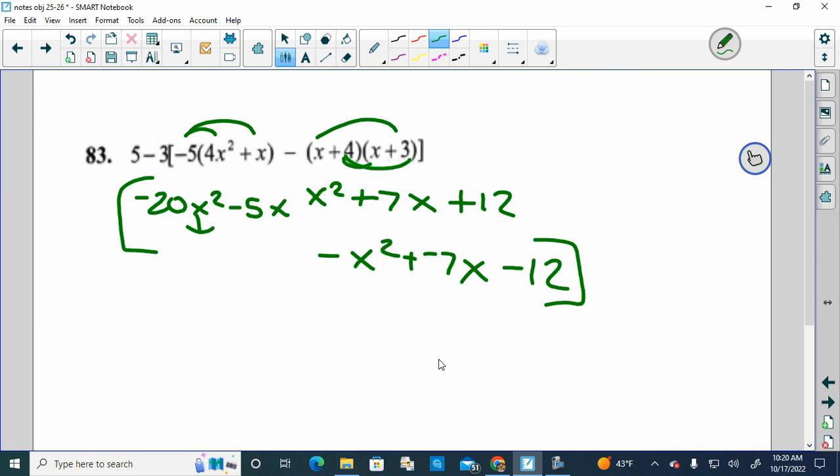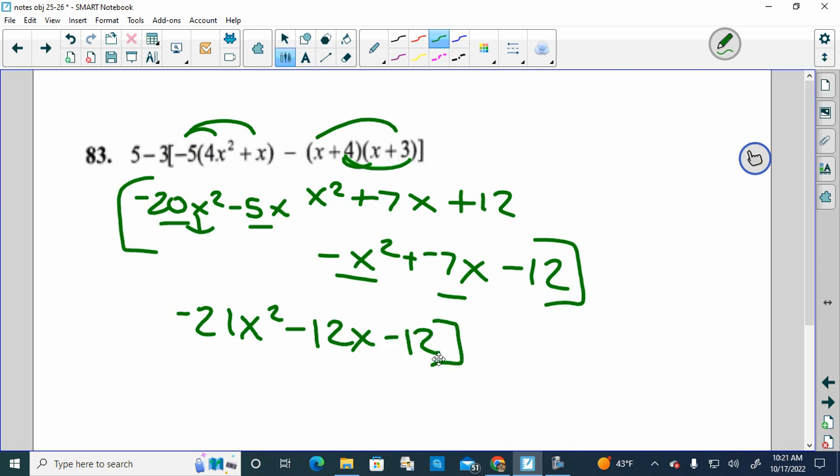So we need to see if there's any like terms that we can combine. So I have a negative 20x squared and a negative x squared. So that'd be a negative 21x squared. For that one and that one. Okay, then I have a negative 5x and a negative 7x. So that would be a negative 12x. And then a negative 12. Okay, so that was what was inside the bracket that was simplified.